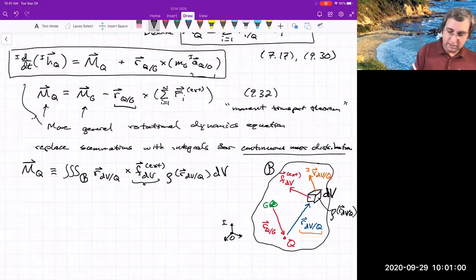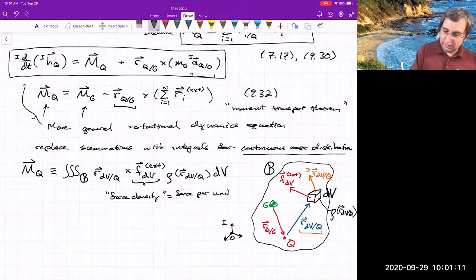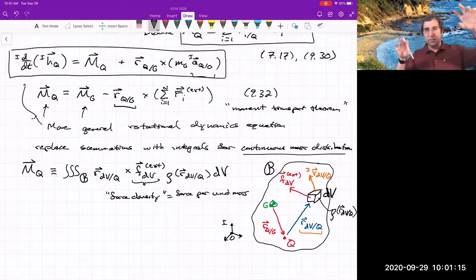This thing, we'll call it the force density. It is the force per unit mass. And we're not thinking of different parts of the blob having a force due to each other. So this is a force due to just something external to the whole system.